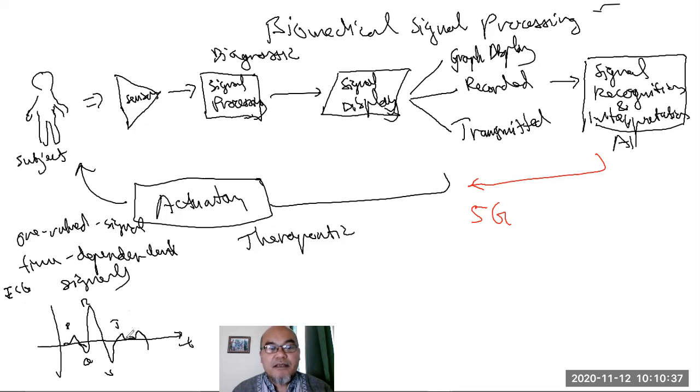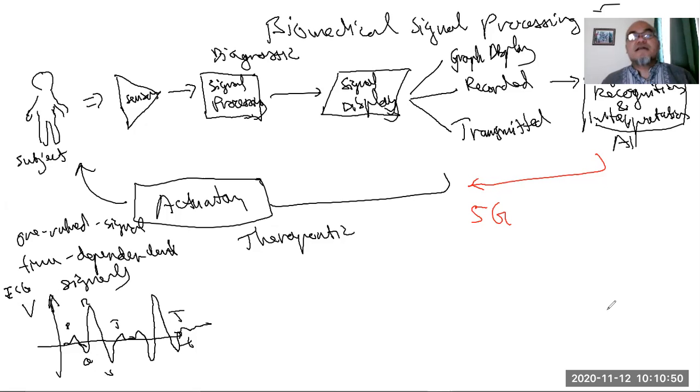Then again another P, Q, R, S, T, etc. This is usually voltage, because the ECG measures the potential difference between two or three or more places in the body, mostly in the vicinity of the heart. So this is a time domain signal.